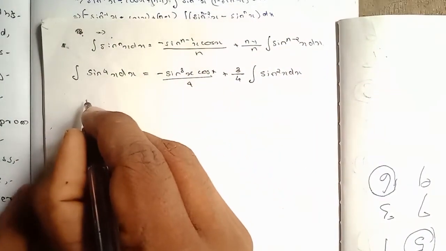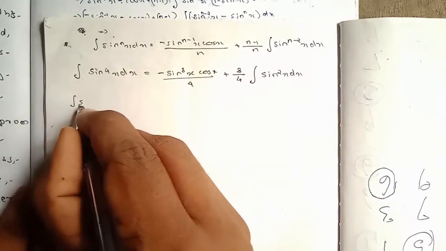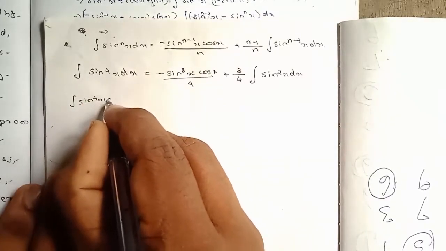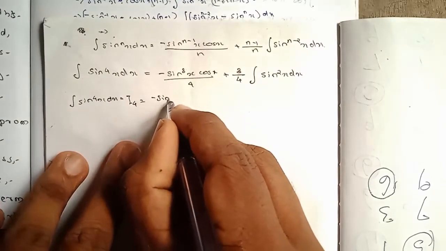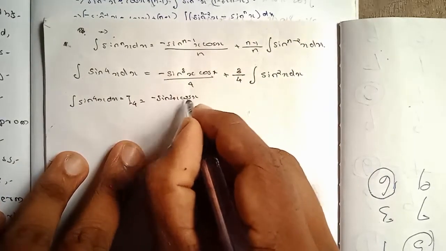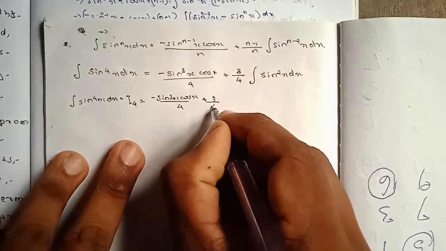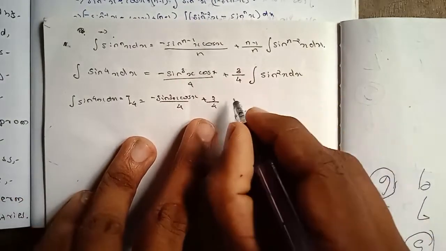Then the next step: the integral of sin^4 x dx is equal to minus sin cube x cos x divided by 4 plus 3 by 4 times the integral of sin square x dx, which is equal to what?